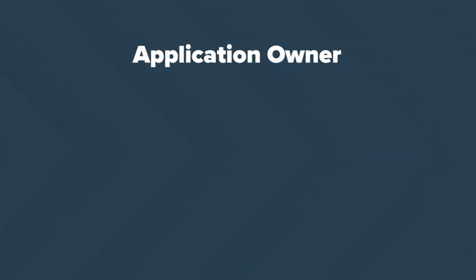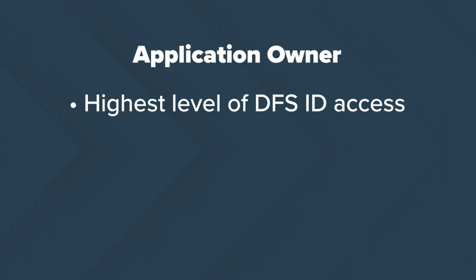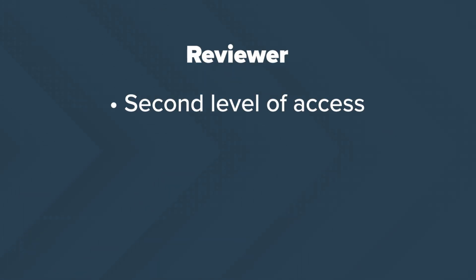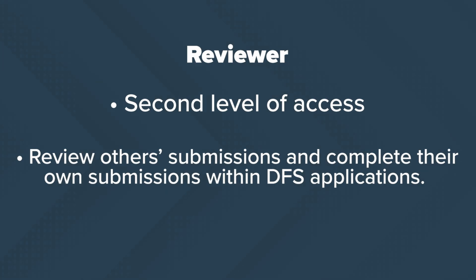An application owner has the highest level of DFS ID access. That role grants access to all company applications and data, including privileged applications. A reviewer is the second level of access, granting privileges to review others' submissions and complete their own submissions within DFS applications.